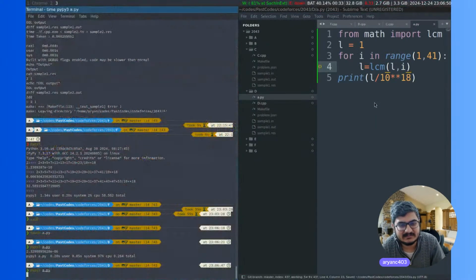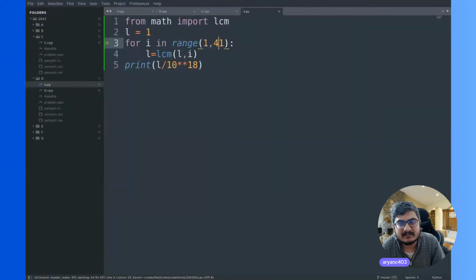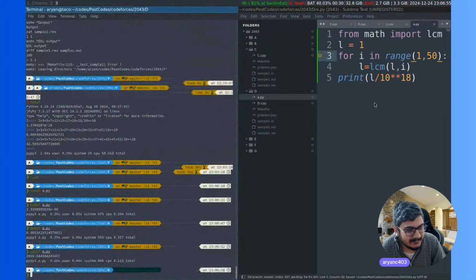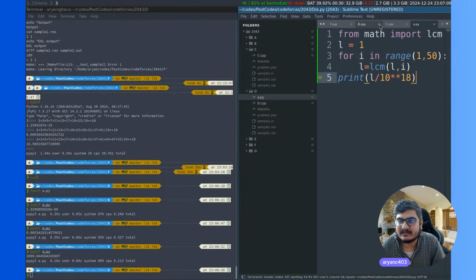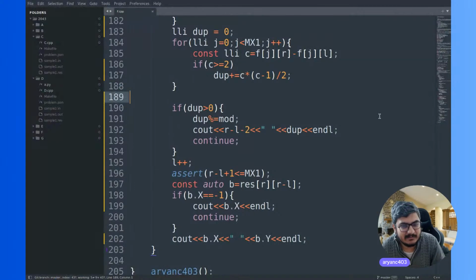Does 41? No, I think instead of 30, I should have said 50. Probably the actual bound can be lower and it could potentially be possible to prove it.